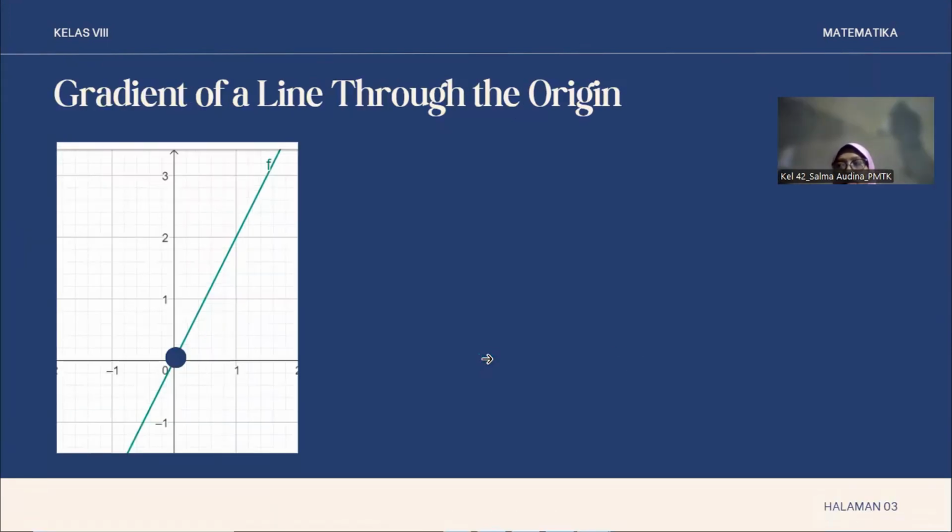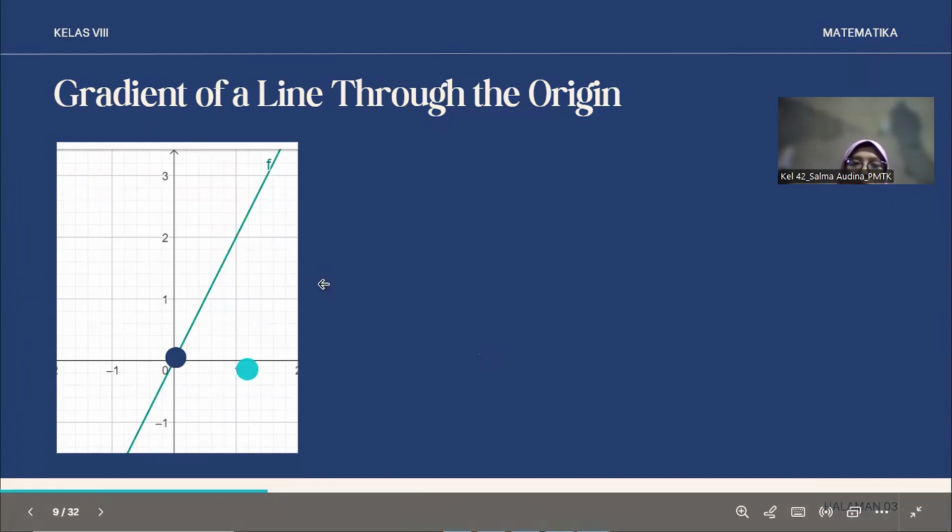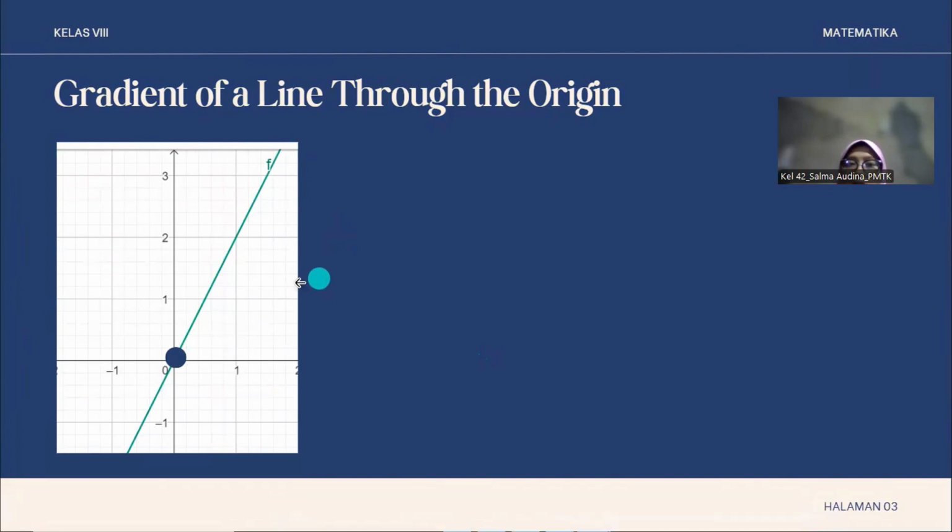The first formula is when a line goes through the origin. Let's see this picture. We know that if a line goes through the origin, it must pass through the point 0, 0. And to find the gradient of the line, we just need one more point that lies on the line.